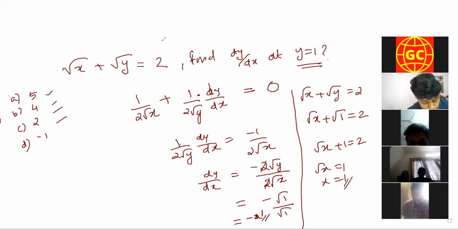So the answer is minus 1. So option B. Understood? Simple only, you just have to substitute x and y in the final answer.